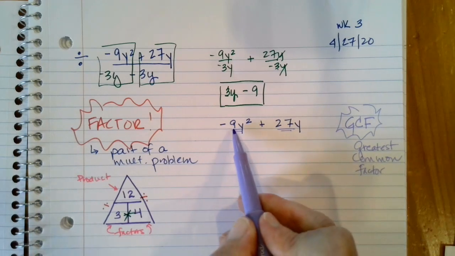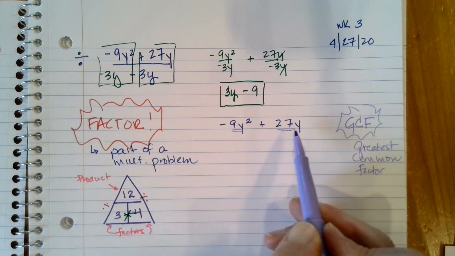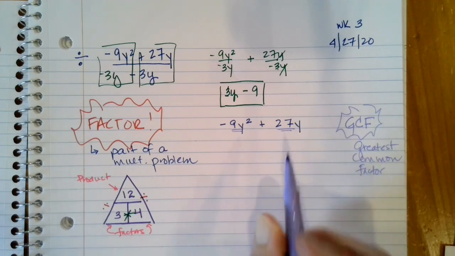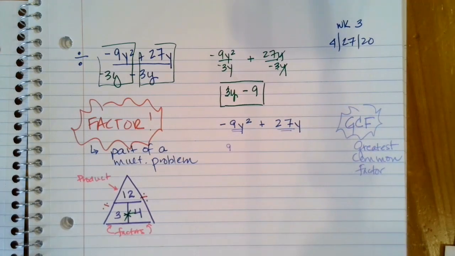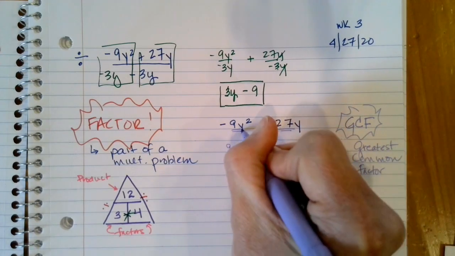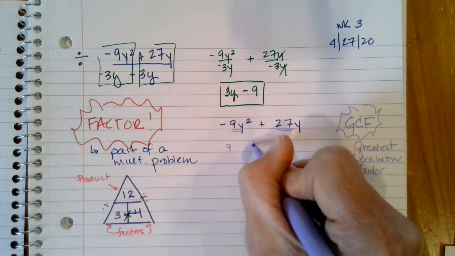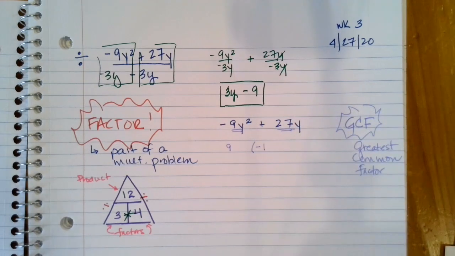So when I look at negative 9 and 27, I want to find the biggest number that comes out of them both. Well, I know that 9 comes out of 9. I also know that 9 comes out of 27. When I pull 9 out of 9, I'm going to get a negative 1.